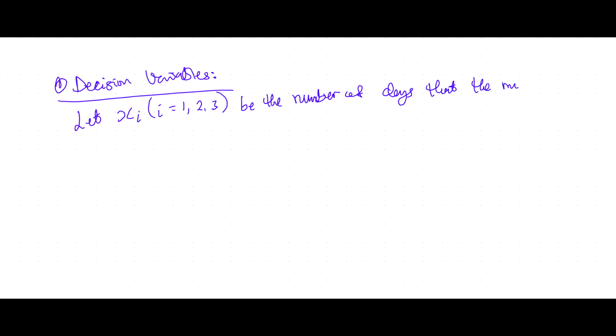So let xi, where i is equal to 1, 2, 3 mines, be the number of days that mine i is operated per week.